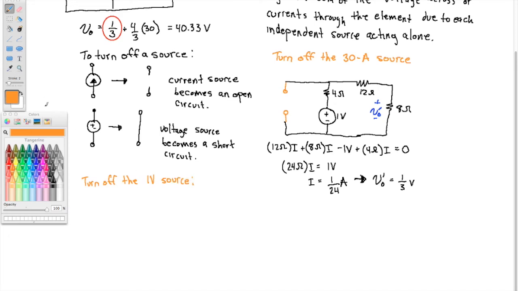And actually, we did this already at the beginning of the video, but we'll do it again. This is the 30 amps, 4 ohms, and now I have this short circuit there, you see. The circuit simplifies when I use superposition.